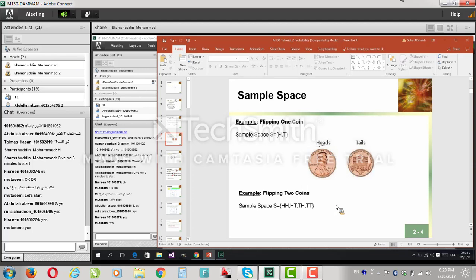Now pay attention to this question very well. The sample space, the set of outcomes, is head and tail when I'm talking about 1 coin.